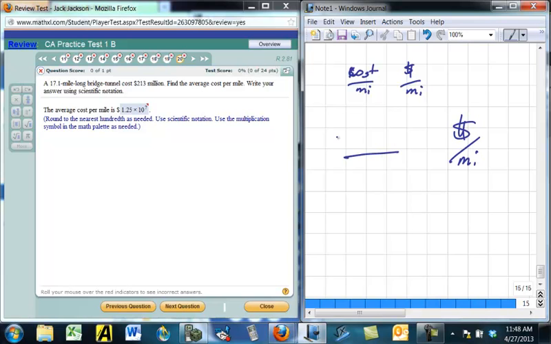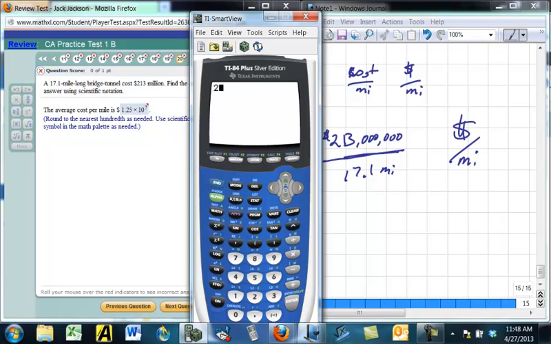So we have 213 million, and we're dividing by 17.1 miles. Okay, so we can do that on the calculator. 213,000,000, that's million. 213 million divided by 17.1 miles. This will be dollars per mile.